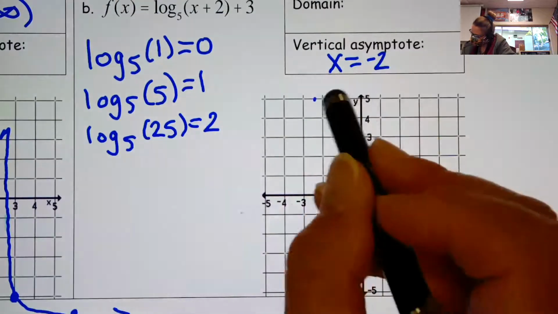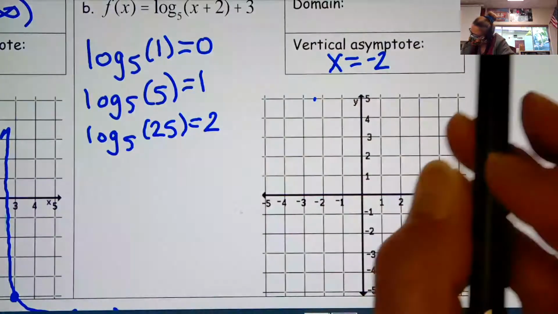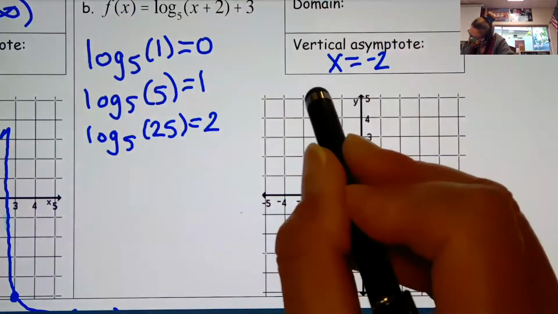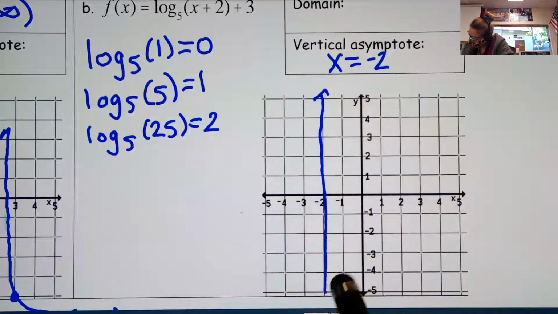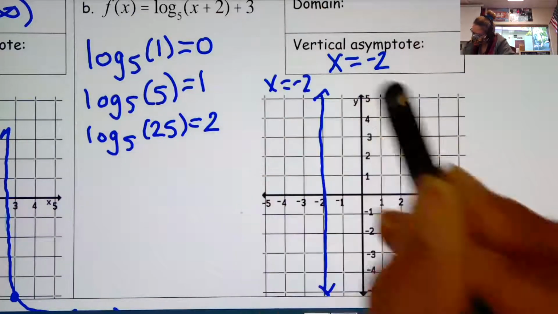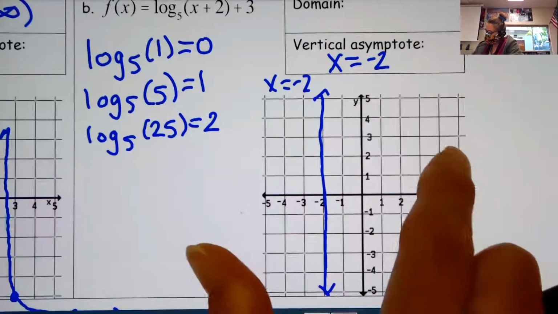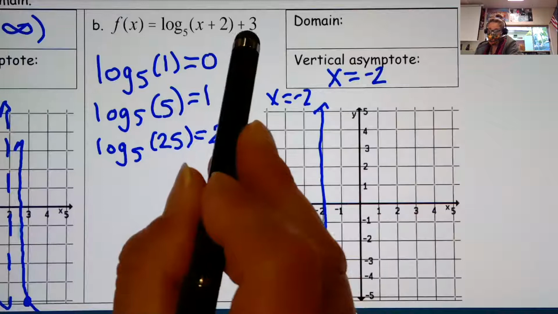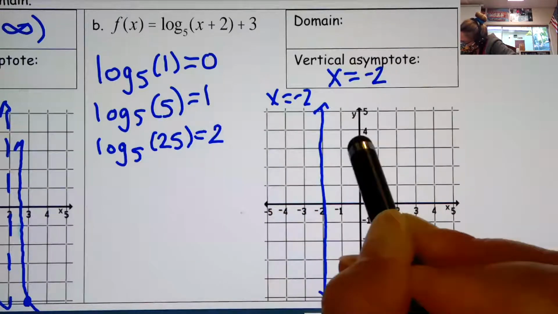So I'm going to get my asymptote drawn. Just going to draw it solid. Okay, so that's x equal -2. That's my asymptote. And then I'm going to go to a height of 3. Okay, so I'm just marking this as the height I'm going to be at.